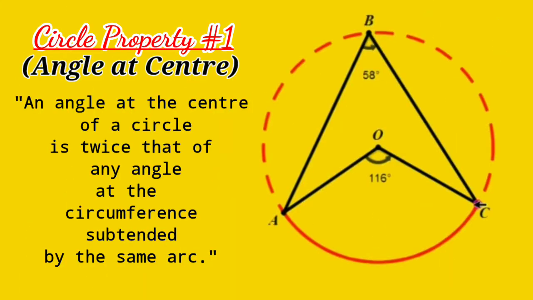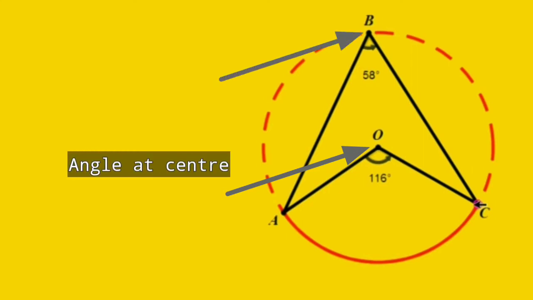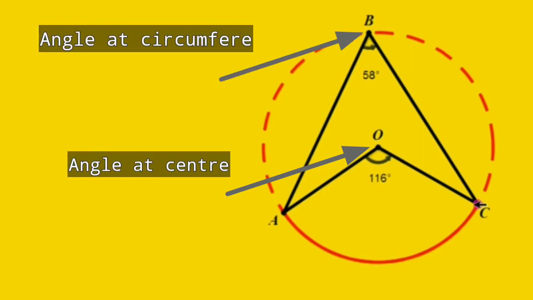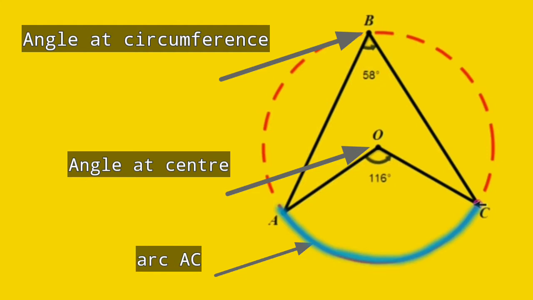Circle property number 1, angle at center. This property states that an angle at the center of a circle is twice that of any angle at the circumference subtended by the same arc. Look at this illustration. Angle AOC is the angle at the center, and angle ABC is the angle at circumference, and these angles are subtended by the same arc AC.